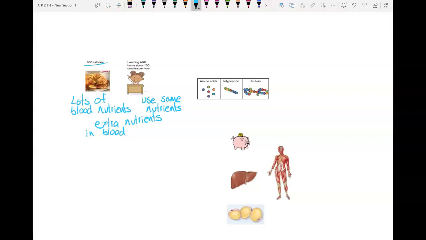First, we'll look at the amino acids. So here are those amino acids that are in your blood. Your body is going to do protein anabolism and make those amino acids into proteins. So your amino acids are built into proteins.